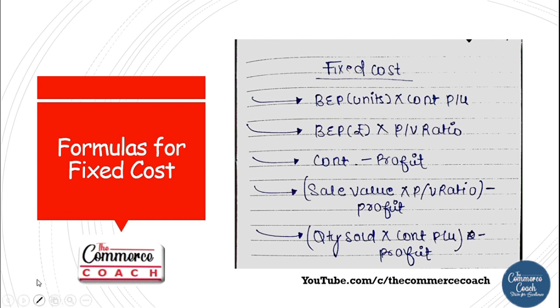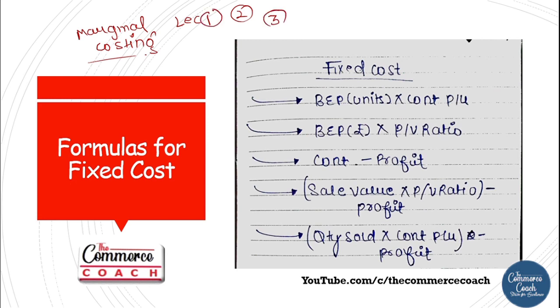So today we shall be starting in continuation with our last lecture. The last lecture was about marginal costing. We have been doing marginal costing for a few days now, and we have lectures number 1, 2 and 3 based upon marginal costing.